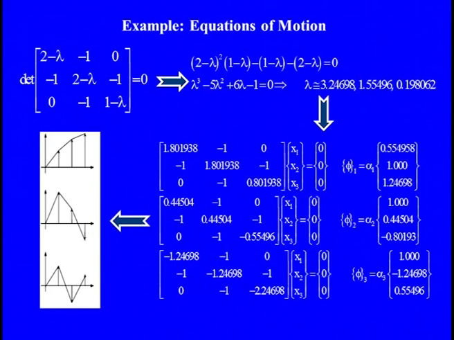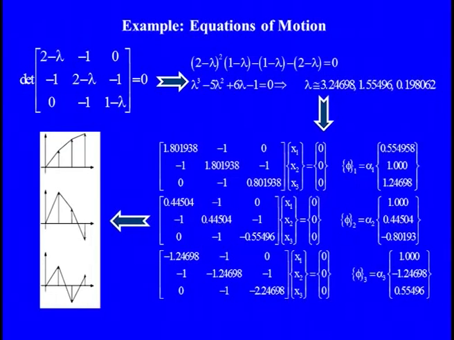This is the determinant, and applying the basic theory of determinants, we have three roots because it is a cubic. The lambda values are 3.2469, 1.55 and 0.198.